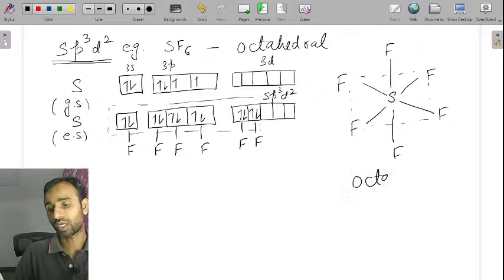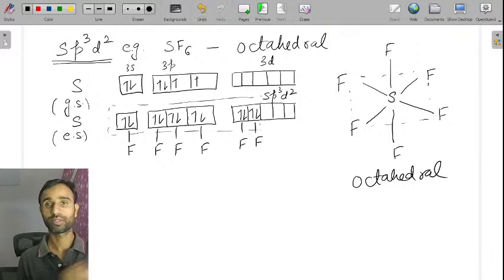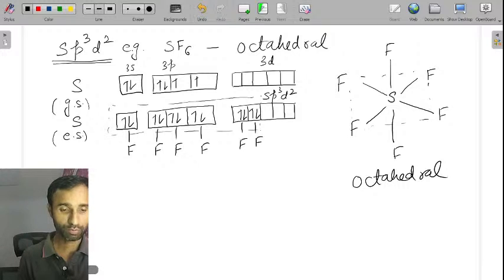So there is octahedral shape. Right? So this is about SF6 and sp3d2 hybridization. The 2p orbital of fluorine overlaps with the sp3d2 hybridized orbital of sulfur.